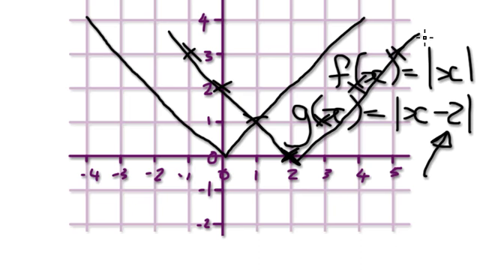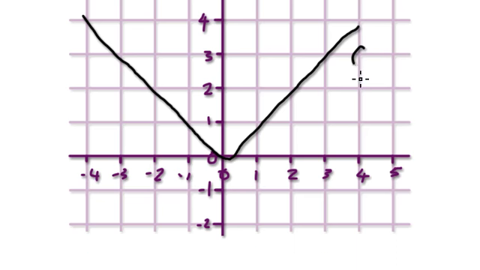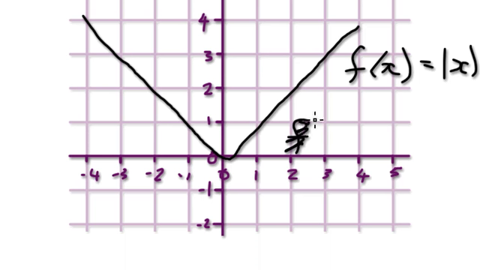Let's say this here is f of x equals the absolute value of x. You could actually transform it so it's the absolute value of x minus 2, and then plus 3.